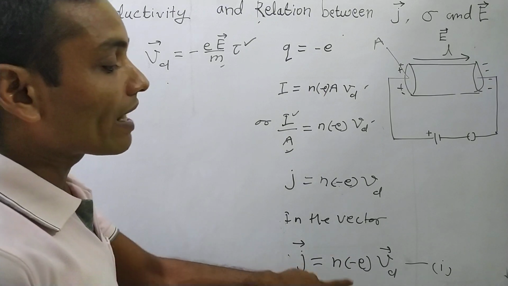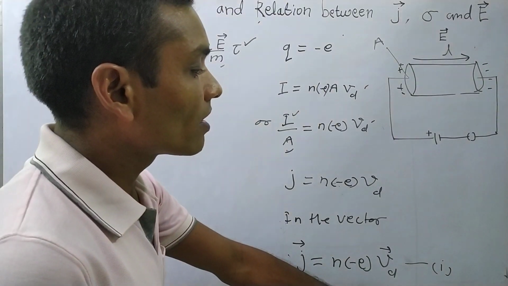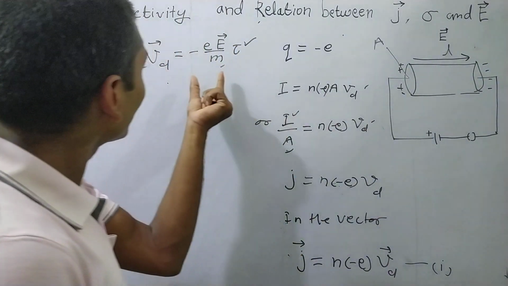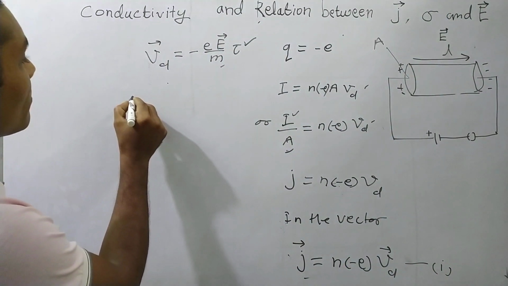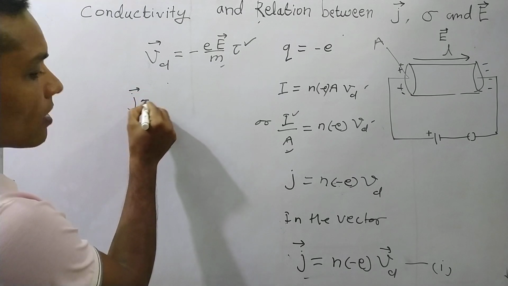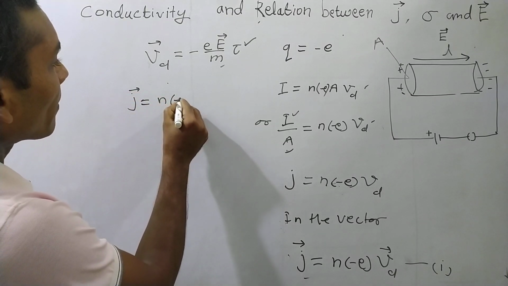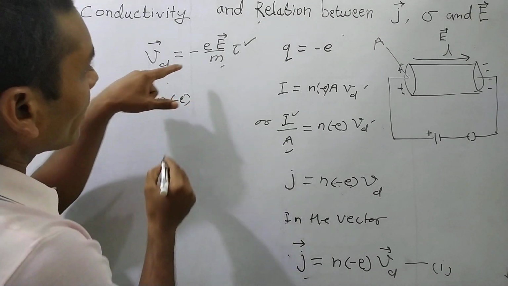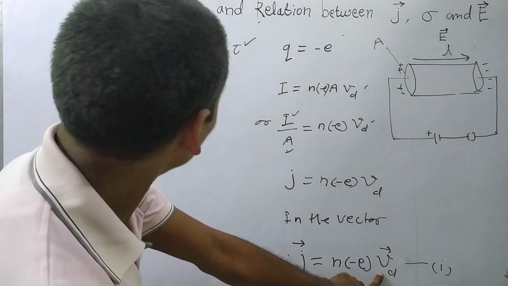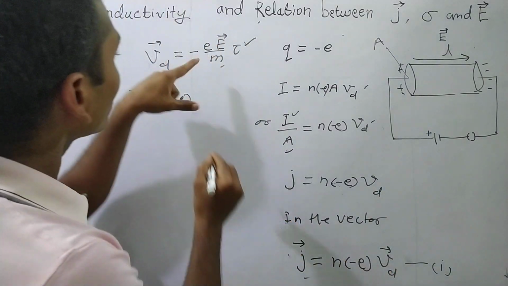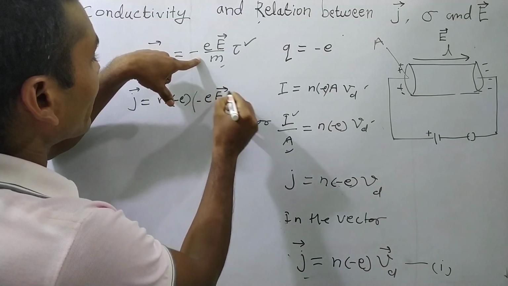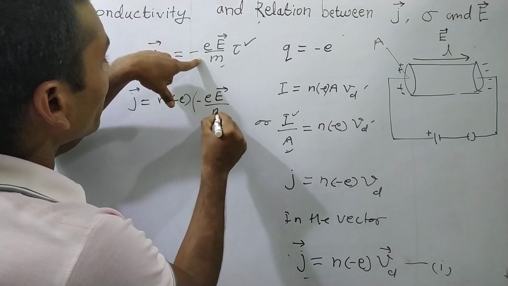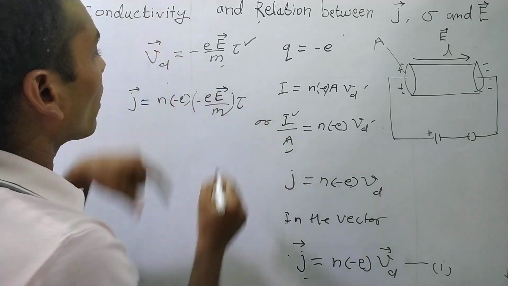On putting the value of vector vd in the first equation, vector J equal to n minus e into minus e vector E upon m into tau.